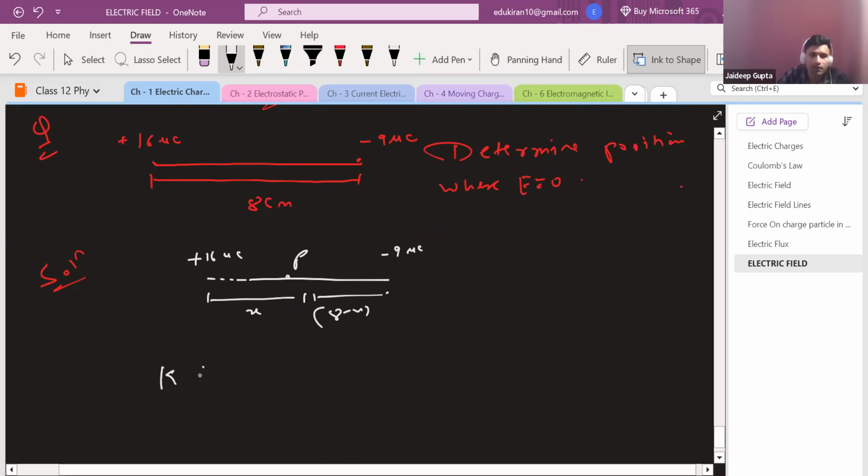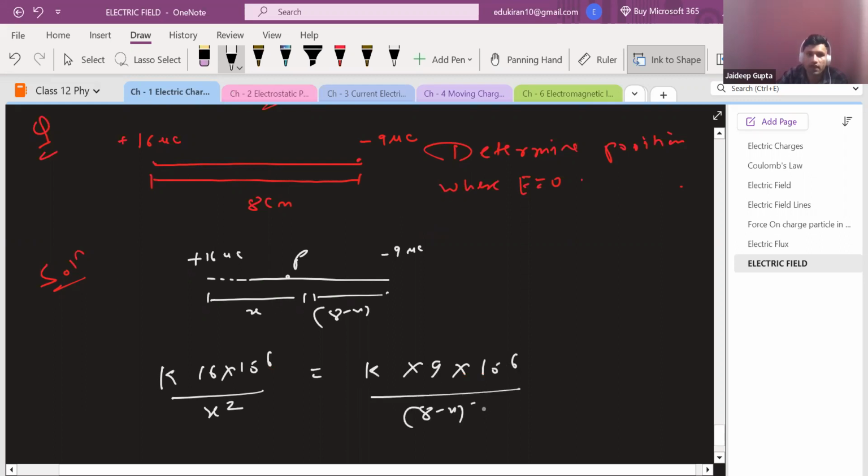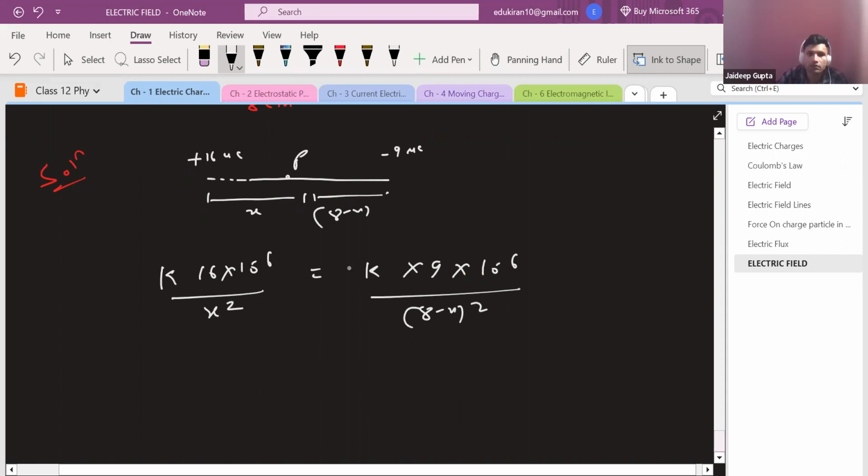So k into 16 into 10 to the power minus 6 over x square, and the negative sign you are not supposed to include, because the negative sign is just for the direction. K will cancel out. 16 over x square equals 9 over (8 minus x) square.